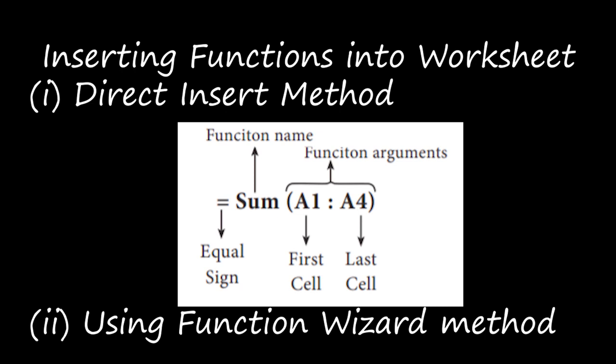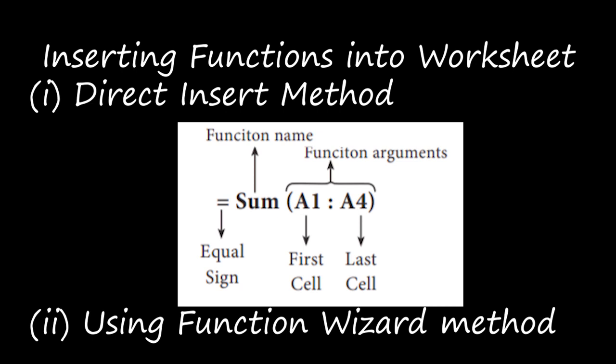If you want to add A1, A2, A3, A4, you can use this function. A function always starts with an equal to, so we start with equal to, and then use the proper function name, that is sum, and then the arguments must be given inside the bracket.